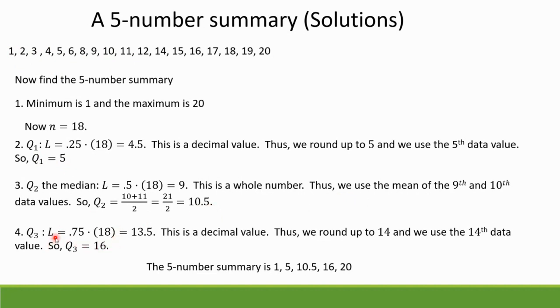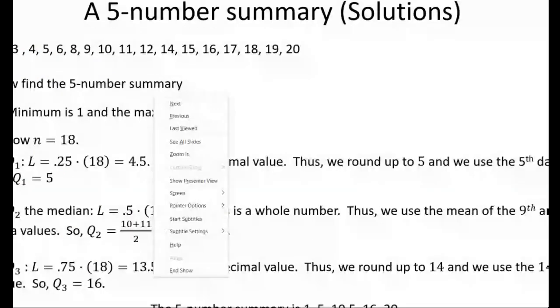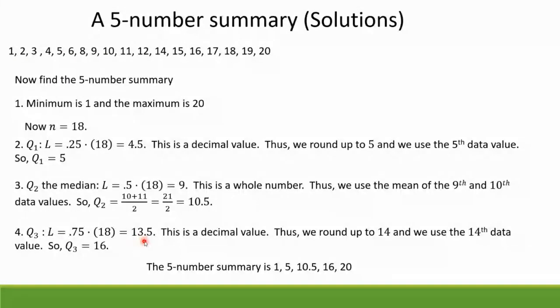So for the next one, Q3, we do 0.75 times 18, the number of data values. And we get this. This is a decimal, right? We're going to round up, in this case, to 14.